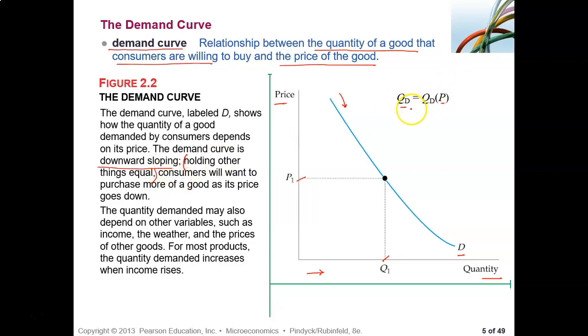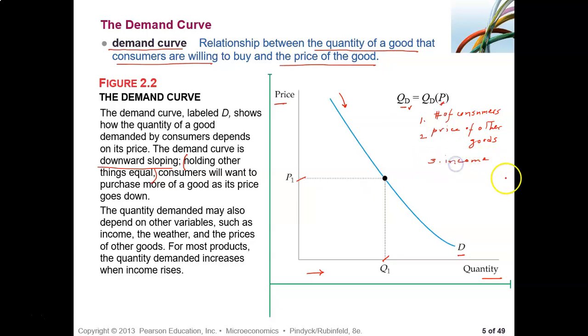This tells us that demand depends not just on price but on other factors also, like the number of consumers, the price of other goods, and income.